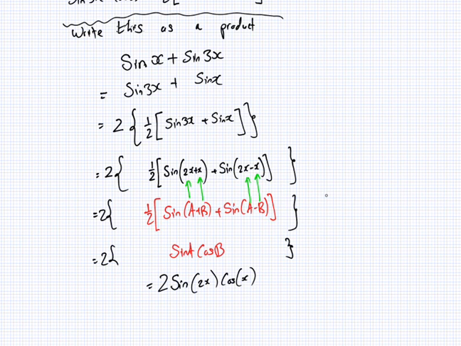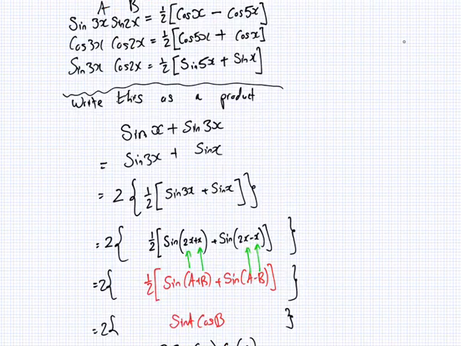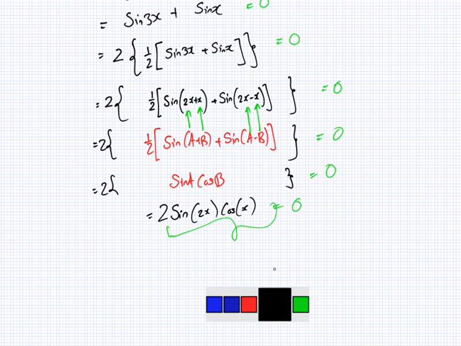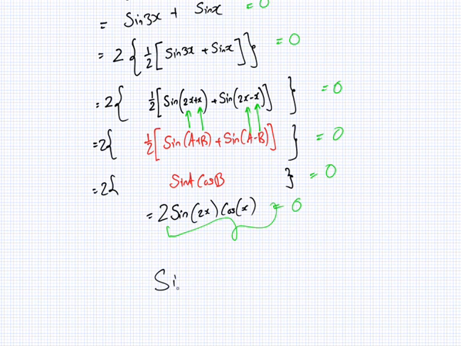Good, I think basically that's it. Imagine instead it equals 0. This is not so difficult to solve because you can have two answers: sine 2x equals 0 and cos x equals 0. So it's useful for solving equations.